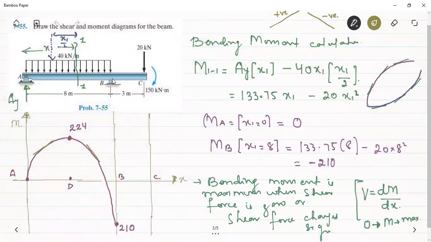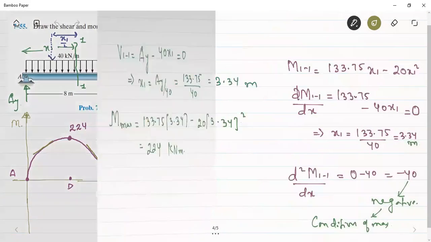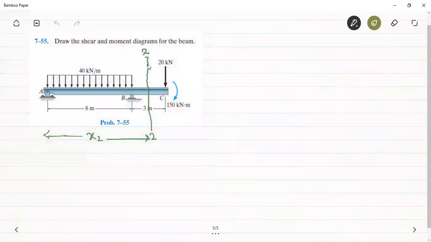Now we are left with the task of calculating the bending moment at B and C. Although we have calculated it at B, now we are going to calculate it at C. For that, we have to take another section at a distance of x2. For calculating the bending moment between A and B, we had taken a section in that region. Now to calculate the bending moment at C, we can take a section between B and C, at a distance of x2.